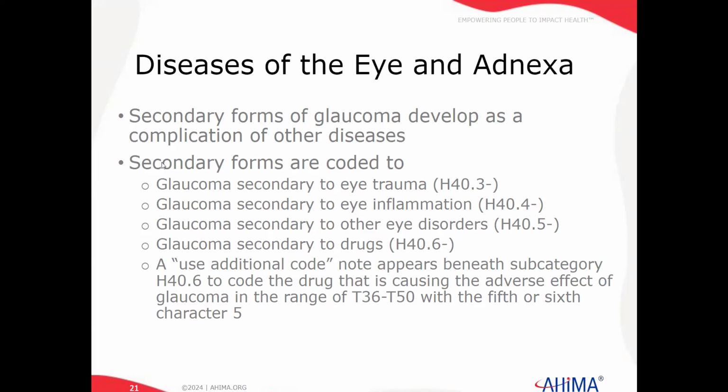For instance, use additional code will appear beneath the subcategory H40.6 to code the drug that's causing the adverse effect of glaucoma. Right. So very important as always to read the tabular, not only to get left, right, bilateral, unspecified, but to get all these other things, whether the medication's causing it and what have you.